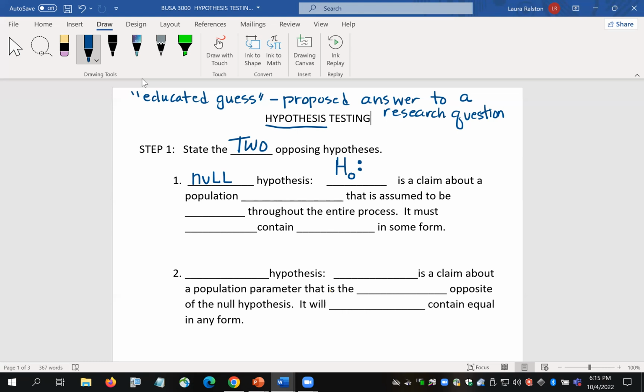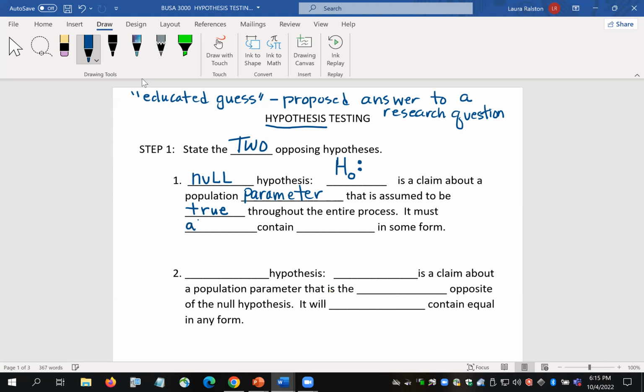And so that's why you have that subscript of 0. So the null hypothesis, the symbol is H with a subscript of 0, is a claim, an educated guess, a proposed answer about a population parameter that is assumed to be true throughout the entire hypothesis testing process.